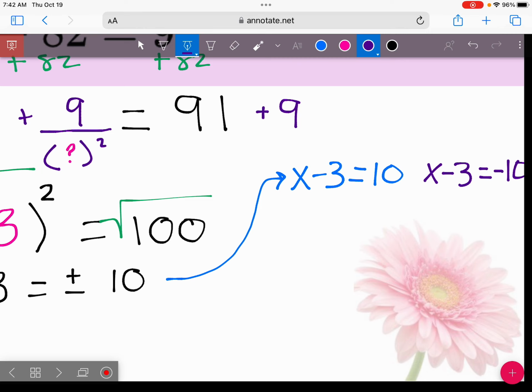For both of these, what operation are we going to do to get x by itself? Addition. We're going to add 3. So we're going to have x equals, add 3 to both sides, we get 13. And on my purple one, we get x equals, add 3 to negative 10, negative 7.